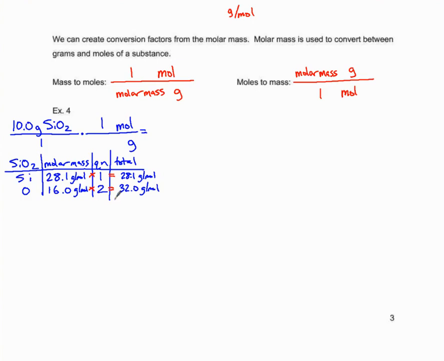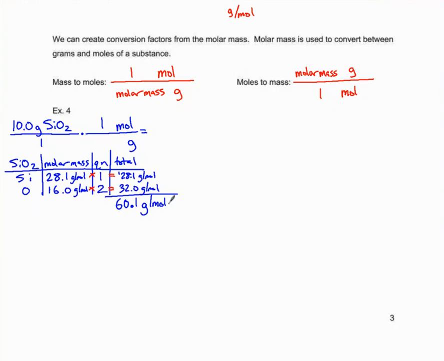And the total mass is everything in this column added together. So 28.1 plus 32.0, and we find that it is 60.1, and that's grams per mole.